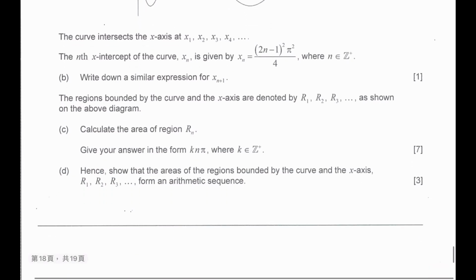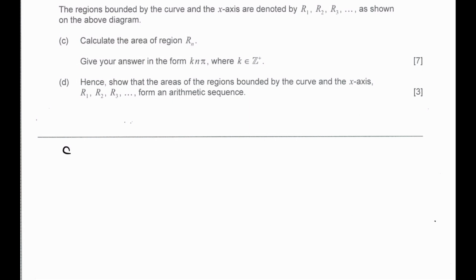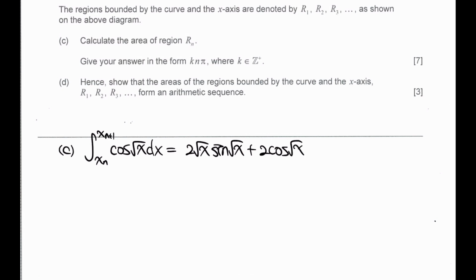So the definite integral from xn to xn plus 1 of cosine square root x dx. From our result in part A, it is equal to 2 square root x sine square root x plus 2 cosine square root x plus the constant c with limits xn plus 1 and xn here.